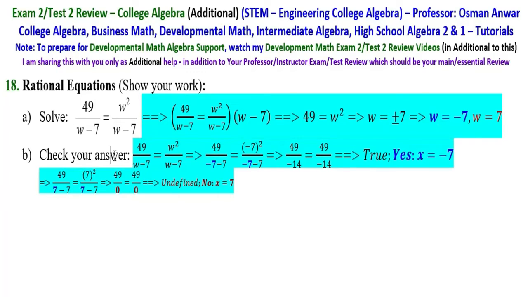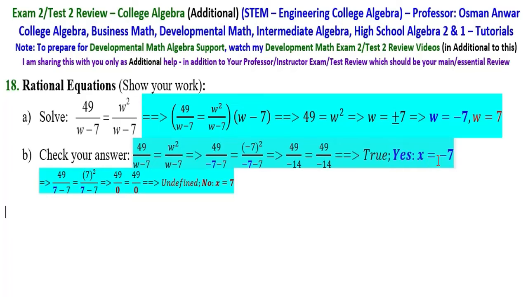Now check the answer. So 49 over w minus 7 equals w squared over w minus 7. That is 49 over minus 7 minus 7 equals minus 7 squared over minus 7 minus 7. That is 49 over minus 14 equals 49 over minus 14. And that is true.